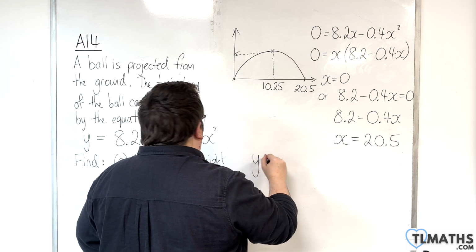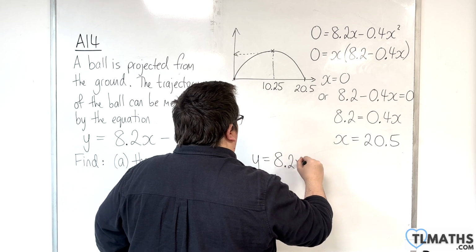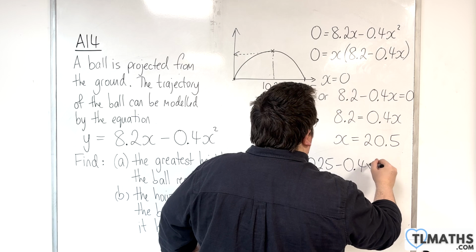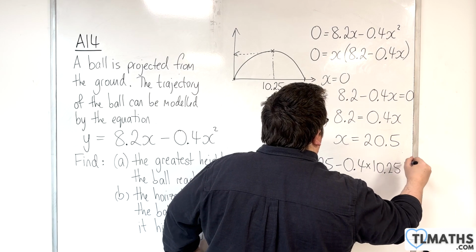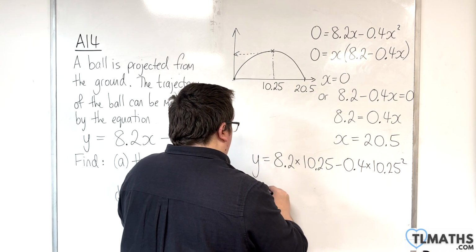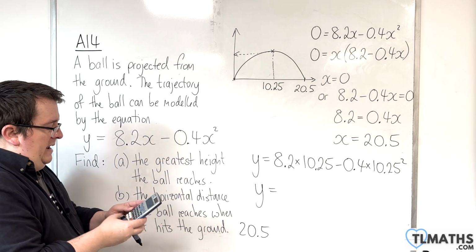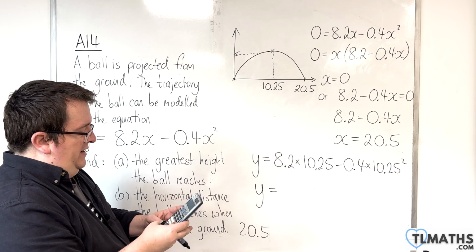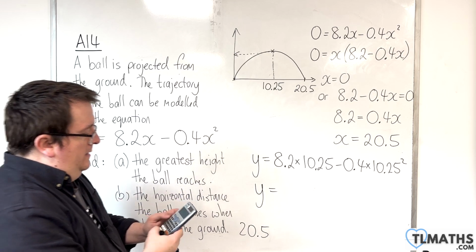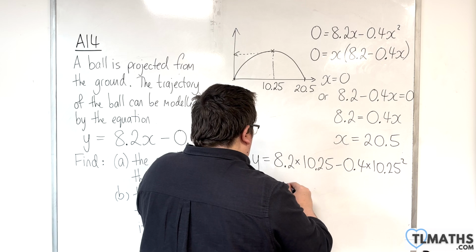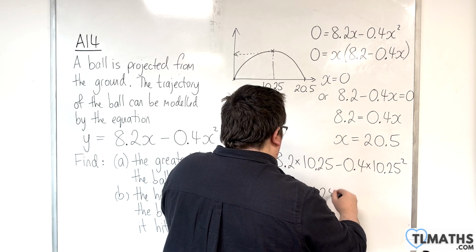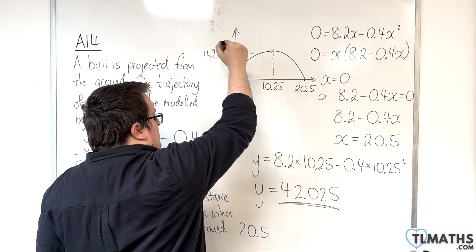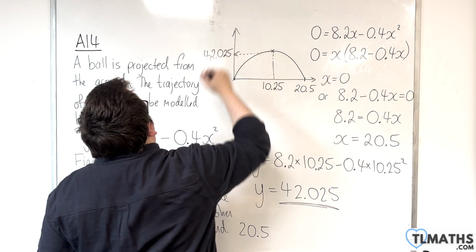So y equals 8.2 times 10.25, take away 0.4 times 10.25 squared. And we get 42.025. And so that is the greatest height reached by the ball.